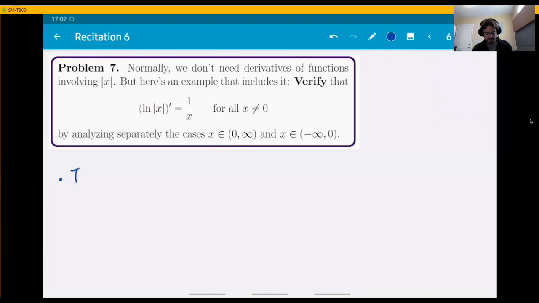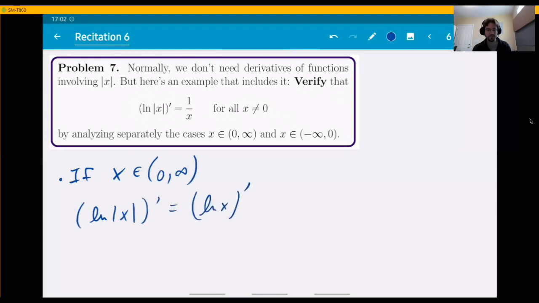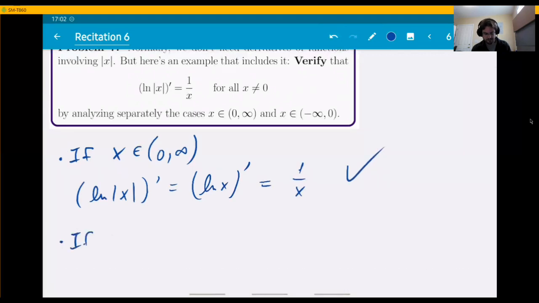So for example, if x belongs, this by the way is the symbol for belongs, if x belongs to the positive piece, then absolute value of x is just x. So the derivative that we're trying to find is just the derivative of ln of x. We know that, that's 1 over x. So the formula checks out. We already knew that. The interesting case here is when x is negative.